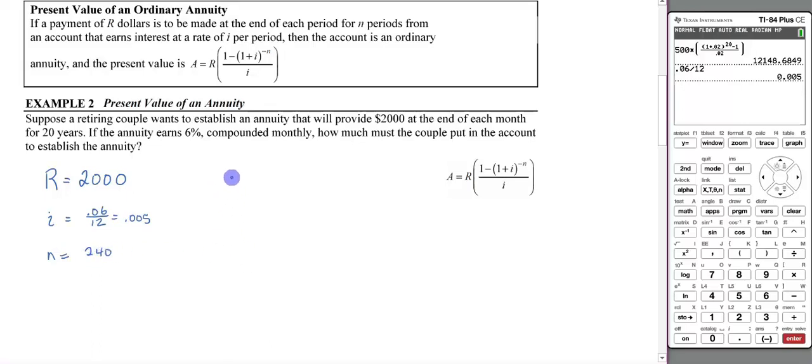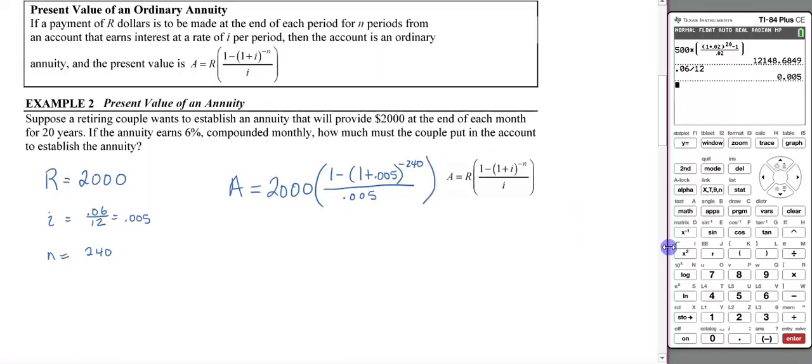Let's go ahead and set this all up in our formula. A equals 2,000 times 1 minus 1 plus 0.005 to the negative 240. That's all over 0.005.